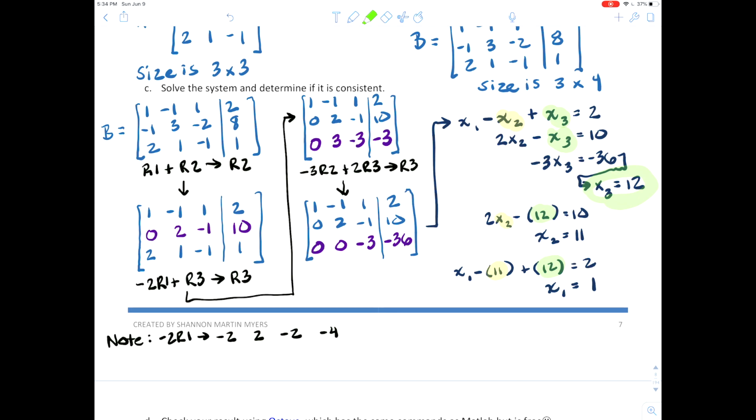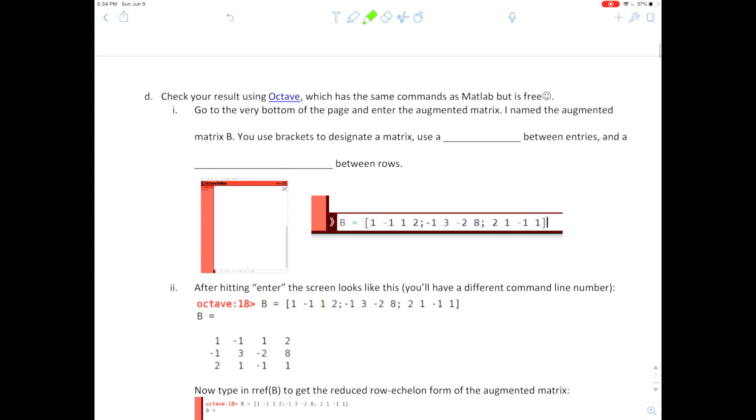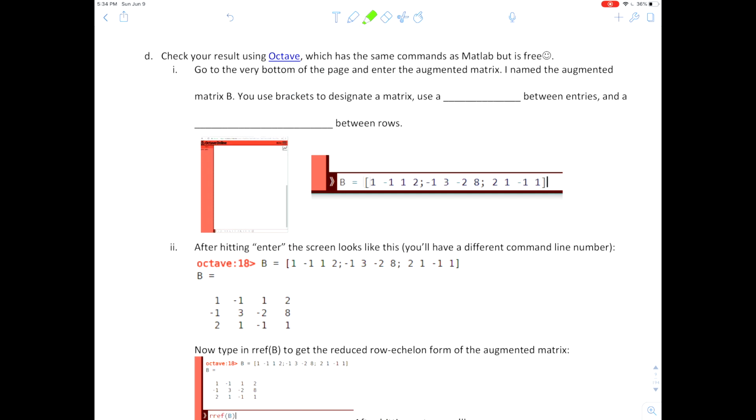So now we're going to take a look at how we would do this in Octave, which is really cool. We're going to check our result using Octave, which has the same commands as MATLAB, but it's free. So here, you go to the very bottom of the page and enter in the augmented matrix.